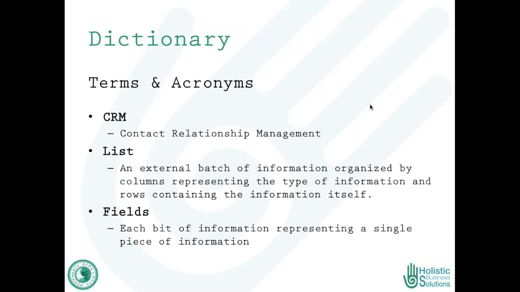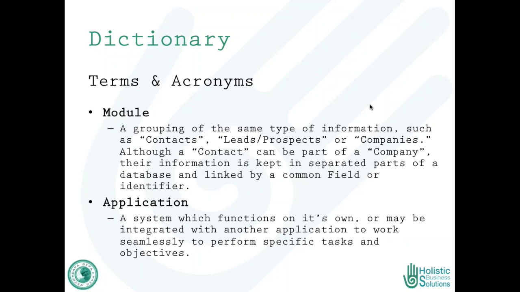Fields are each tiny bit of information that represents a single piece within that list. A module. When we talk about CRMs, they contain different modules or batching of information, such as a contact module or a company module. These are separated in the system, so you may have several contacts that are related to a company.